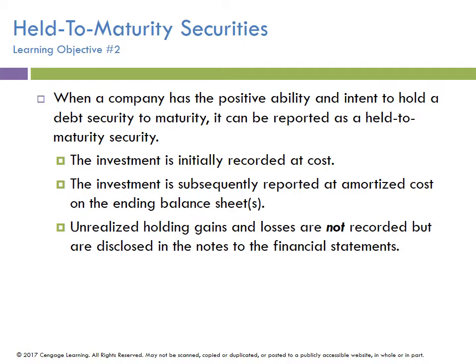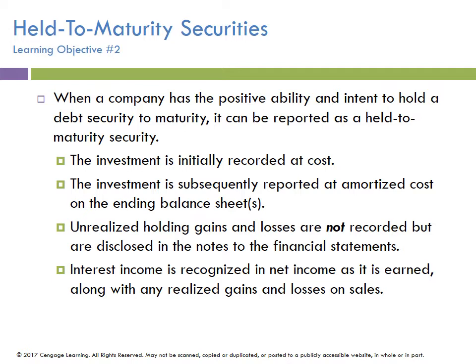Unrealized holding gains or losses are not recorded. So we don't worry about fair value. We just report the carrying value generally. So the general rule is just report the carrying value of the investment, the amortized value, if you want to look at it that way, of the investment.